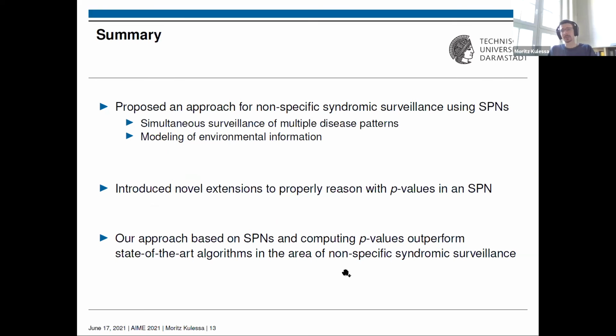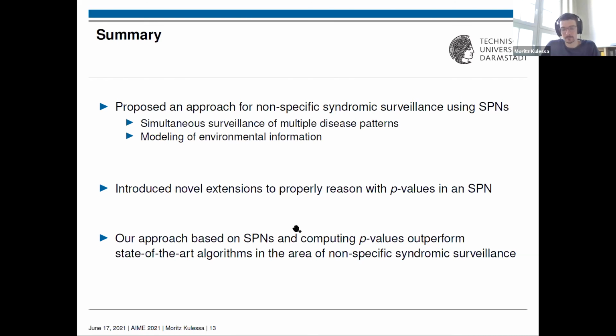So to sum it up, in this work, we have proposed an approach for the monitoring of multiple syndromes at the same time in one model. And in particular, in this model, we also include environmental information which can help to adapt to the certain circumstances when we evaluate the syndromes.